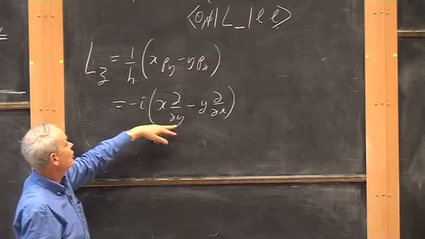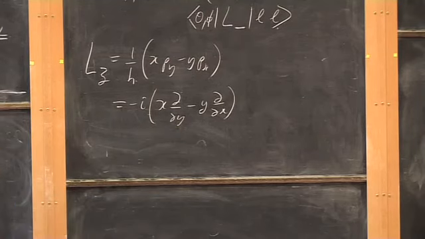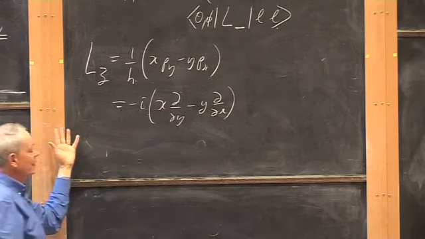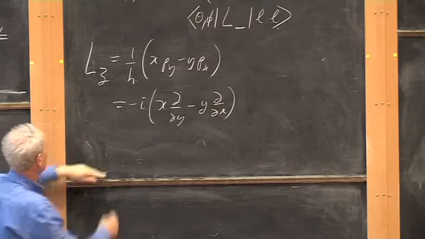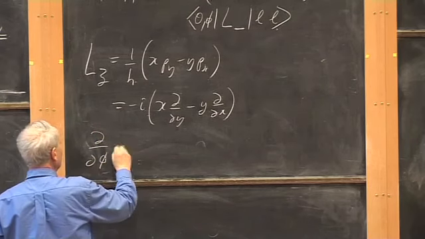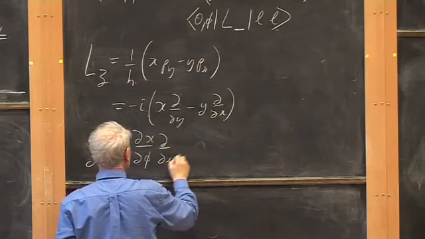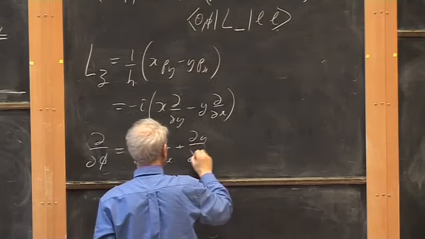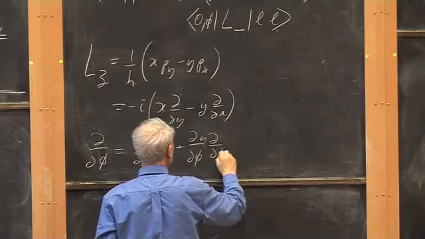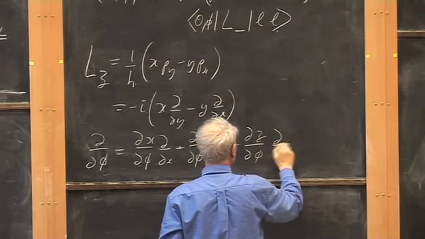And we could just use the chain rule to turn this into derivatives in theta or phi, but it's much easier to find out what d by d phi is according to the chain rule. It's dx by d phi, d by dx, plus dy by d phi, d by dy, plus dz by d phi, d by dz.